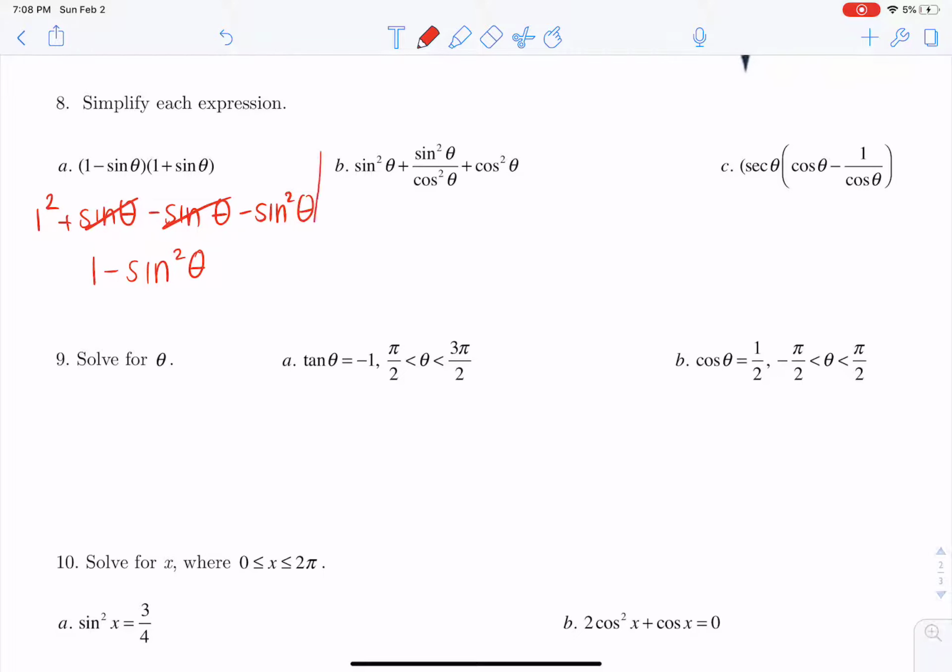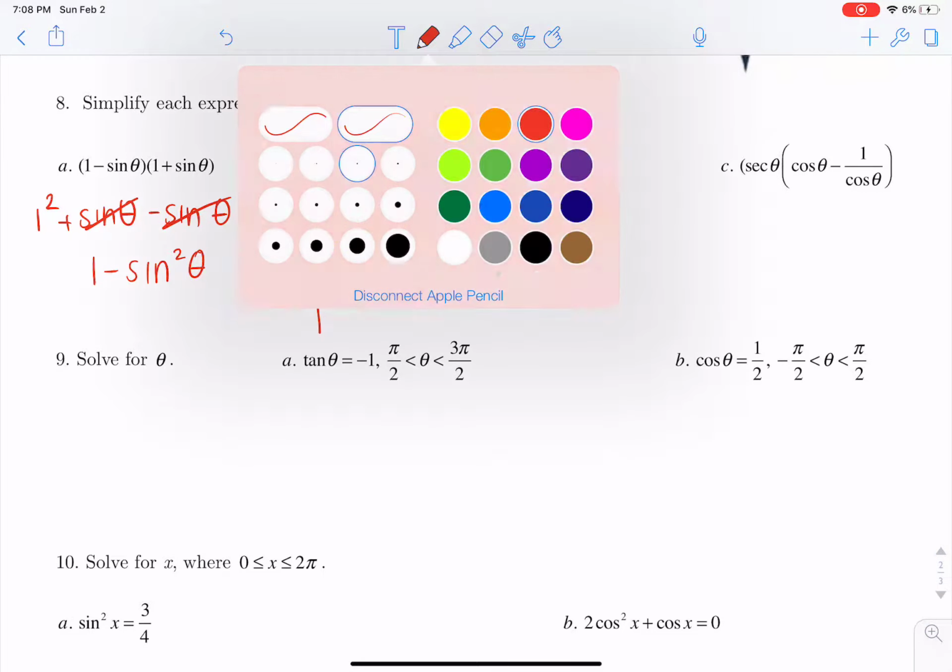For part B, the first thing that I want to do when I'm simplifying is I know that sine over cosine is tangent. So I have sine squared theta plus tangent squared theta plus cosine squared theta. And I know here that sine squared theta plus cosine squared theta is equal to 1.